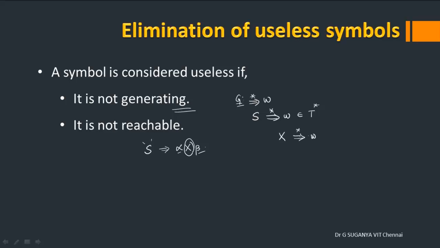If you couldn't reach a non-terminal from the start state, we say it is in a non-reachable state. So any symbol that is non-generating, you can strip out. If it is non-reachable, you can strip out. That is how the useless symbols can be identified and deleted.